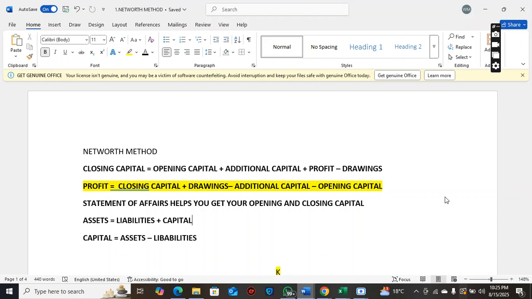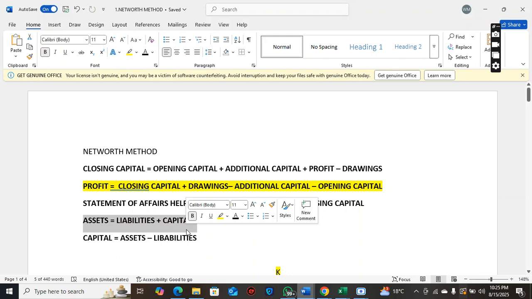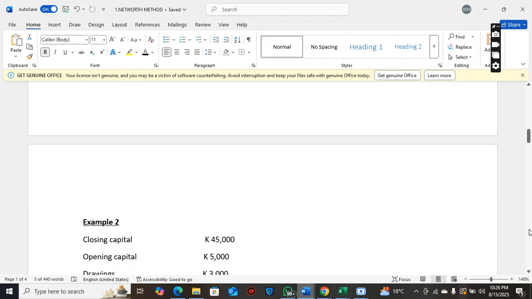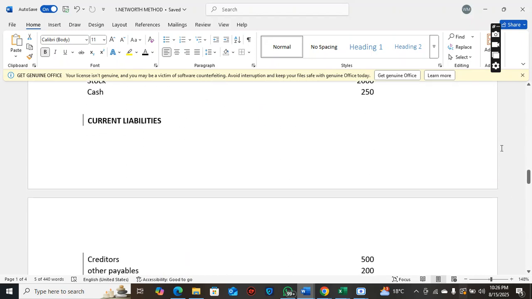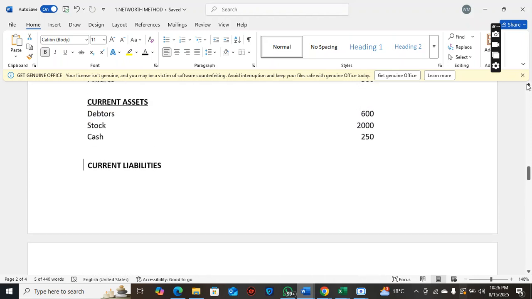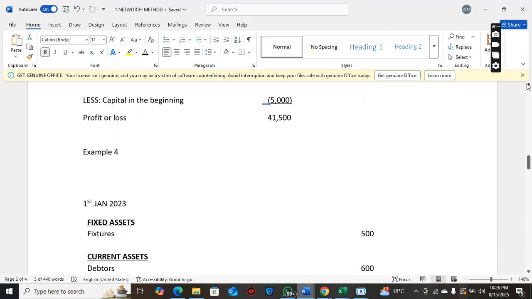The statement of affairs is just using this accounting equation: assets equals liabilities plus capital. That's how you'll be able to get your opening capital and your closing capital. So let me illustrate what I am saying here. This is the way questions will usually come.